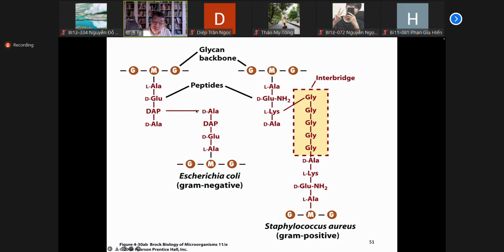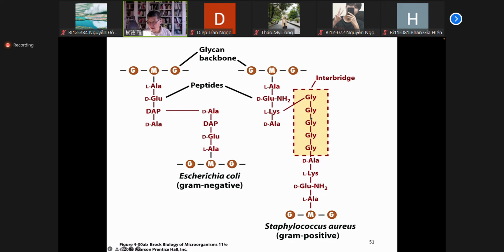Once it forms a linkage, this alanine is cleaved. And this cleavage is important because it cannot form another linkage.